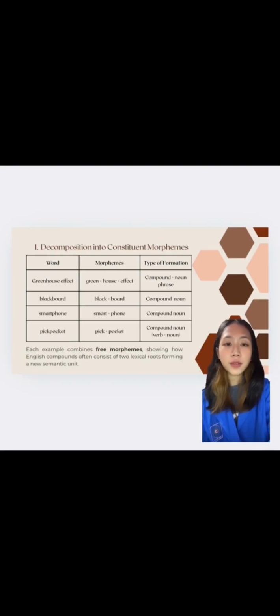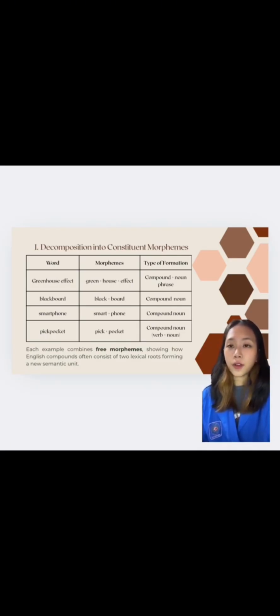I will explain this slide a little bit in simple points. So, morphemic breakdown, each compound contains two morphemes. For instance, blackbird is formed from black and bird, and pickpocket comes from pick and pocket.